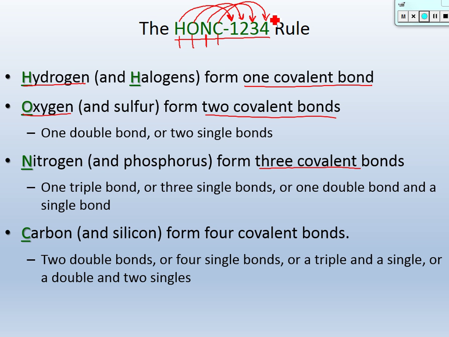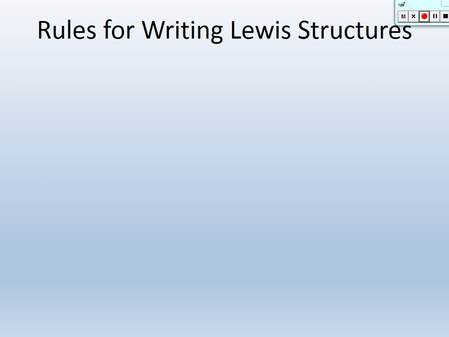But before I continue, guys, help me out. What does the H stand for? Hydrogen. How many bonds does it like to form? 1. The O? Oxygen. How many bonds? 2. The N? Nitrogen, and it forms how many bonds? 3. The C? Is carbon. And how many bonds does carbon like to form? 4. So I just remembered that. Helped me when I was going through this HONK 1, 2, 3, 4 rule.